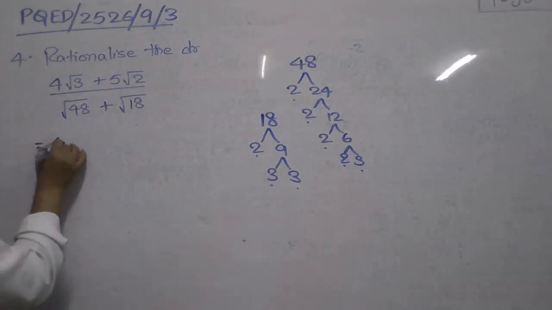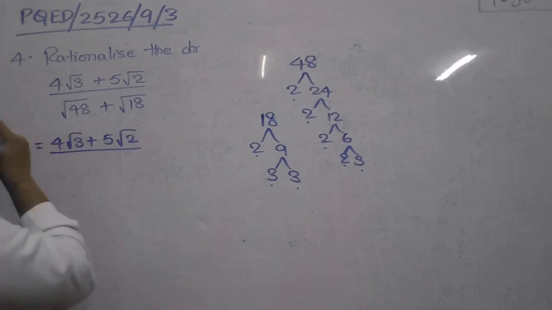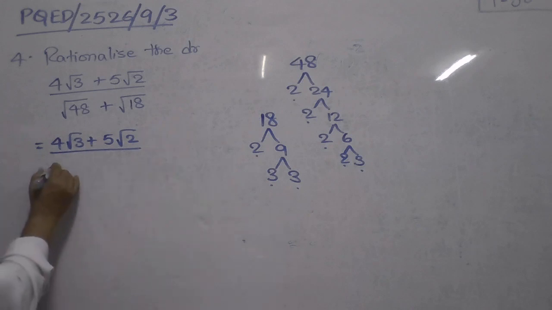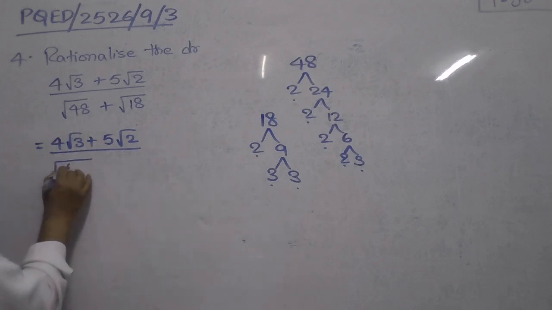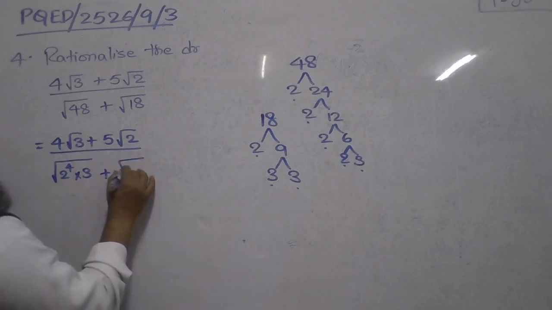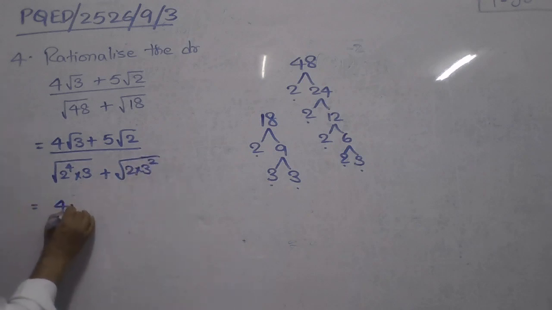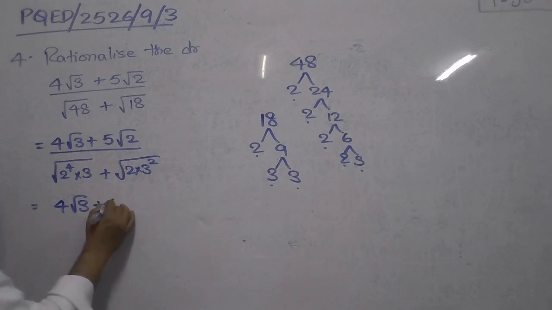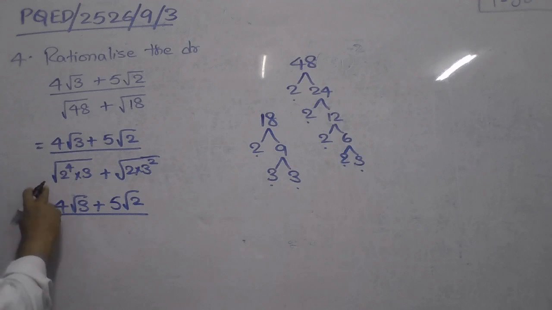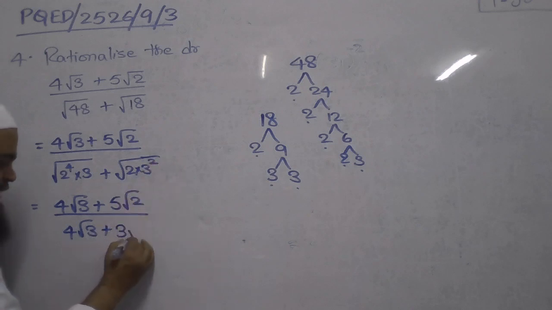Once you get prime numbers, you leave it. So that implies 4 root 3 plus 5 root 2 divided by, what is 48? Square root of 2 to the power of 4 multiplied by 3, plus square root of 2 multiplied by 3 squared. So that equals, what happens? 4 root 3 plus 5 root 2 divided by square root of 2 to the power of 4, which is 2 squared, so it will be 4 root 3, plus square root of 3 squared is 3, so 3 root 2.